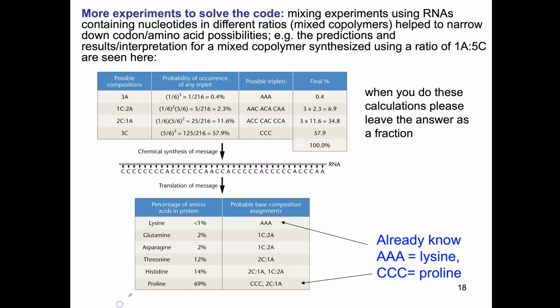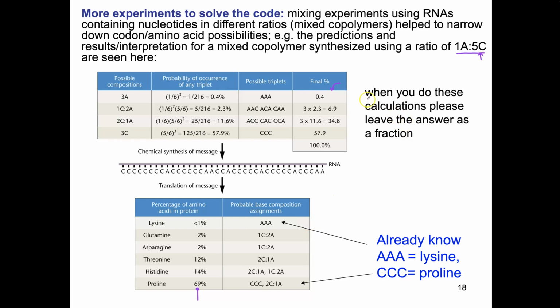Okay, and so this is an example of mixing the nucleotides differently. In this case, it's the A and C as well, just like the previous example, but in this case, there's 5 times more C than A. Okay. And so this just shows you the possible combinations and how much there is of each. Now this presents them in percentages because when you look at the amino acids in the experiments, it tells you percentage-wise what's in the tube.